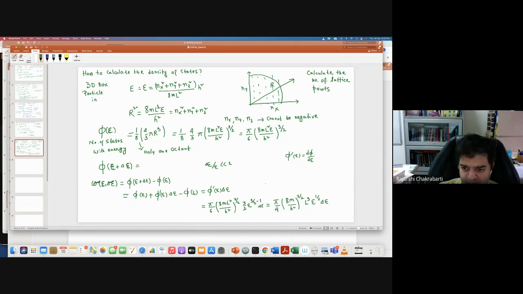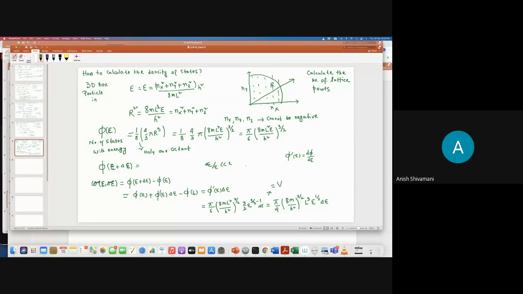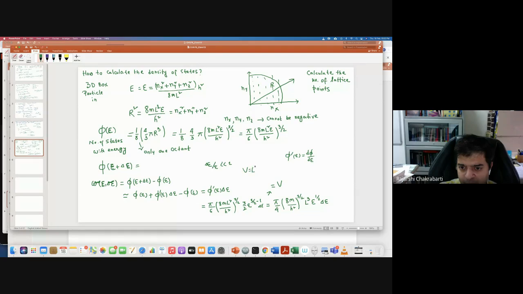I can further simplify this actually. L cube, I can call it some volume V. V is your L cube, the volume available to these gas particles. And then you can simplify these things.